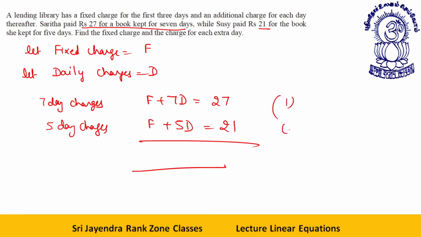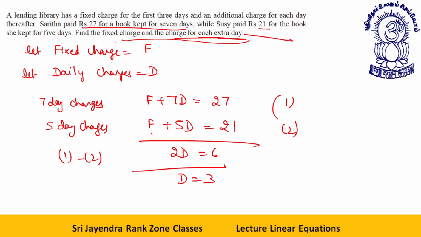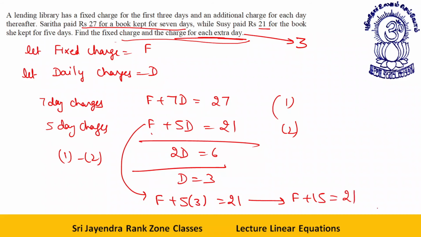This is first, this is second. If you do 1 minus 2, F and F cancel. 2D is equal to 6, or D is equal to 3. Find the fixed charge and the daily charge. So daily charge for each extra day is 3. Now if I put it in this equation, F plus 15 is equal to 21.